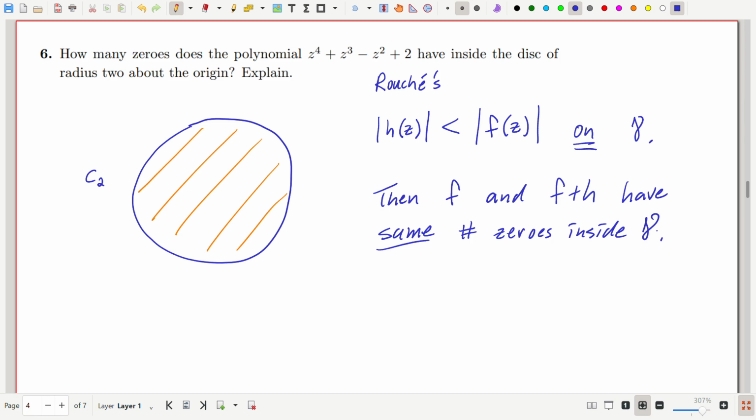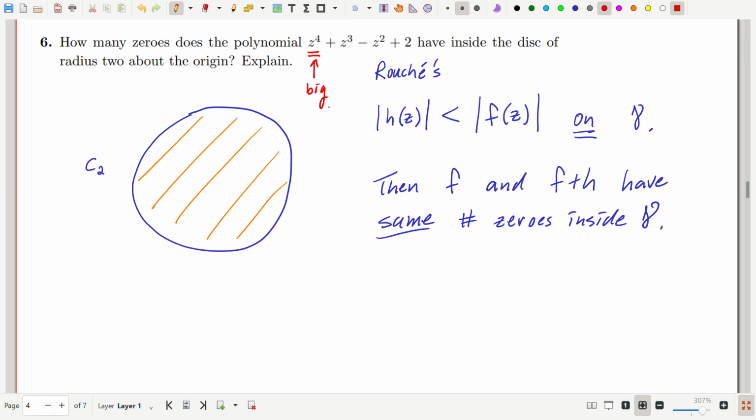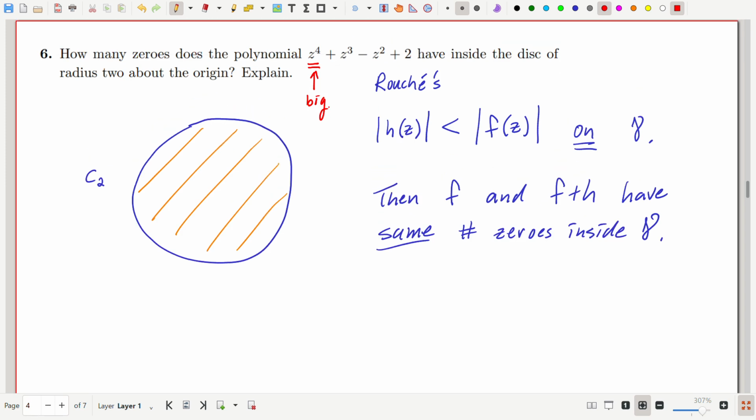Well, let's see, on the circle of radius 2, obviously the biggest thing is going to be the z to the 4th. And so that's the candidate for f. Let's think about that.